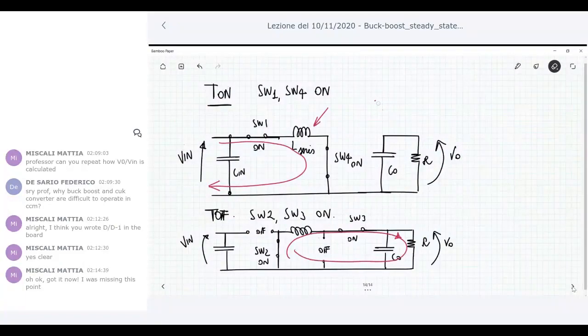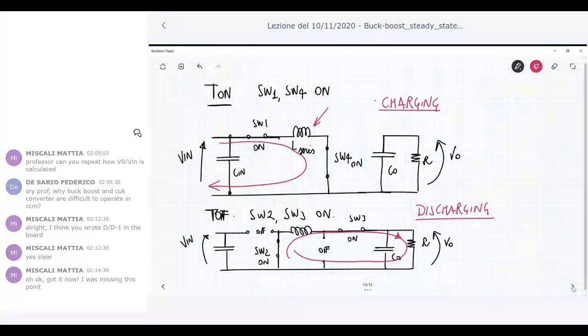So again, we have two different situations. The first one is the charging phase, followed by the discharging phase. In both situations, we have no direct connection between the input and the output.